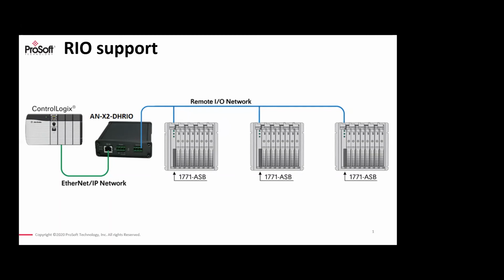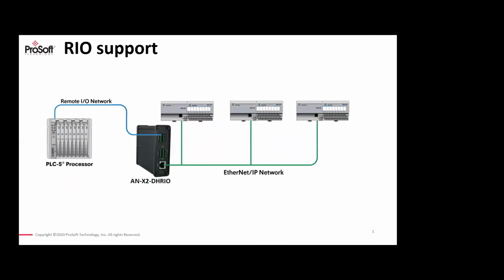In this setup, the ANX2 will work as a remote I/O scanner. Alternatively, you could integrate downstream and just change the I/O racks to Ethernet-compatible I/O modules. In this case, the ANX2 is working as a remote I/O adapter.